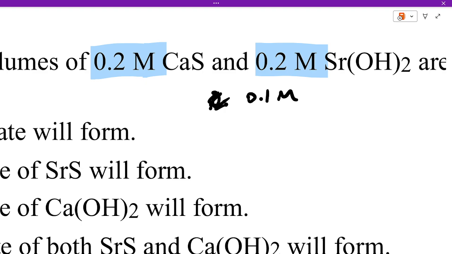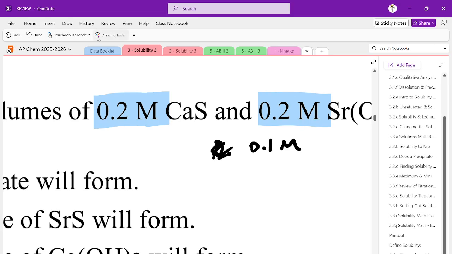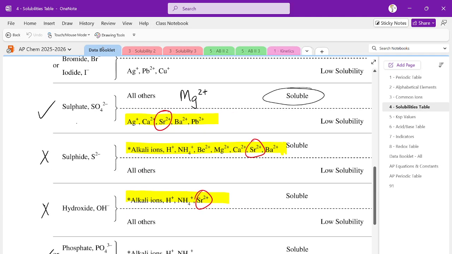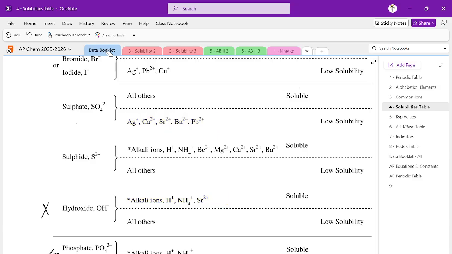So you're going to look up on your solubility table, with sulfide. Because the table is for 0.1 molar. Yeah, exactly. So if you mix 0.2 and 0.2, you get 0.1.